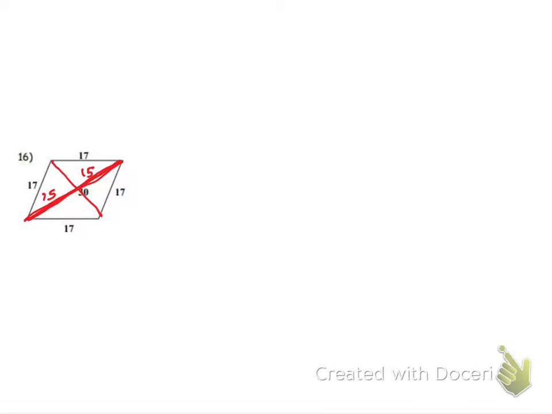So by doing that, let me do this in a different color. I then have this side, and I have this side, so I can use the Pythagorean theorem to find out what this diagonal is. So I would do 17 squared plus 15 squared is equal to c squared.